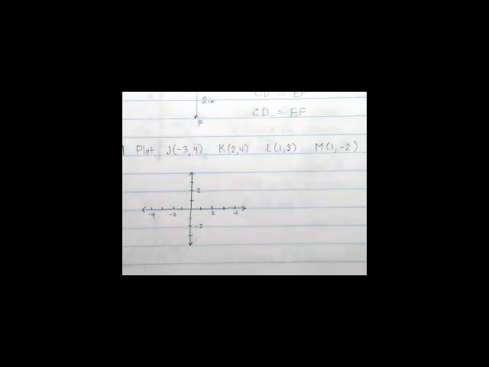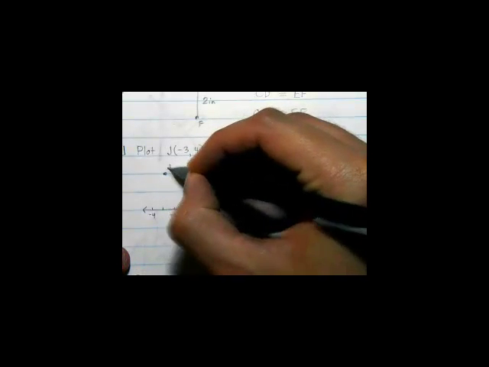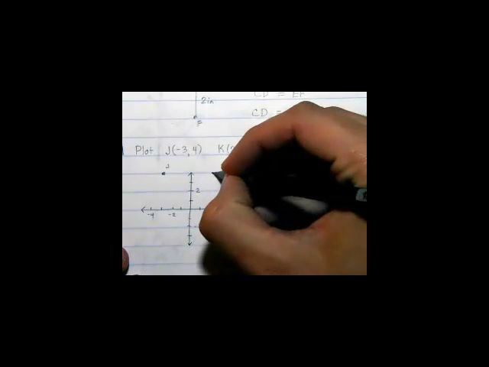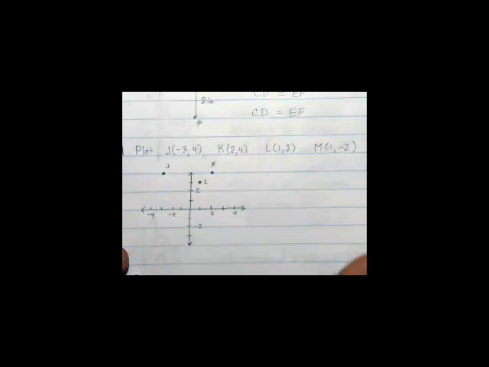So J is negative 3 in the x and then up to 4. So there's J. K is at 2, 4. L is at 1, 3. And M is 1, negative 2.